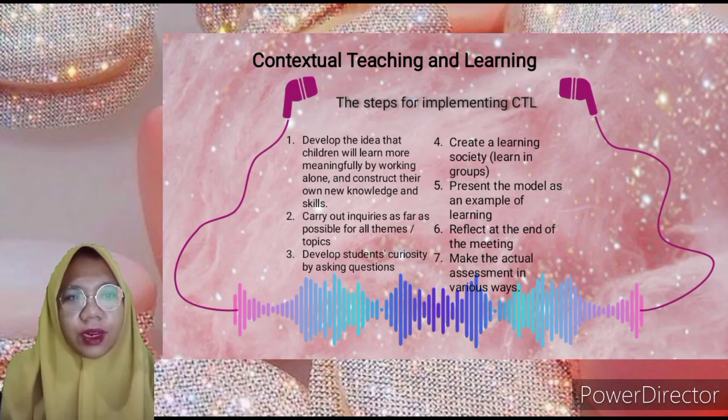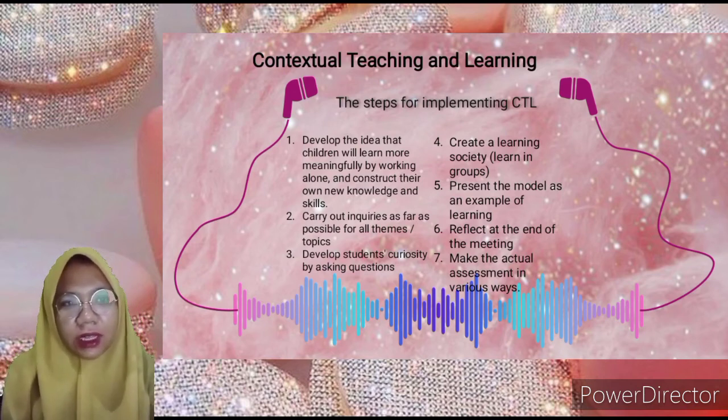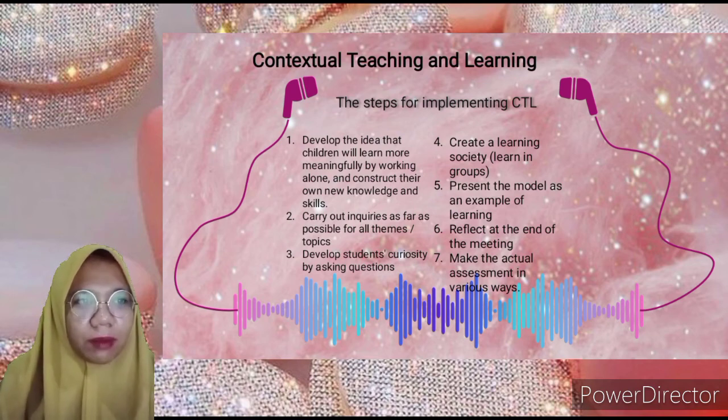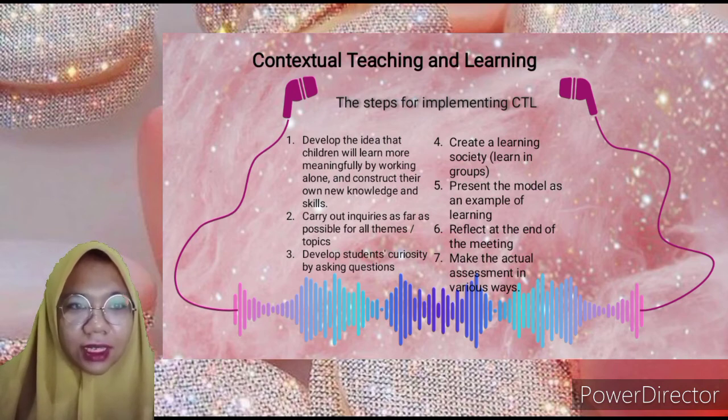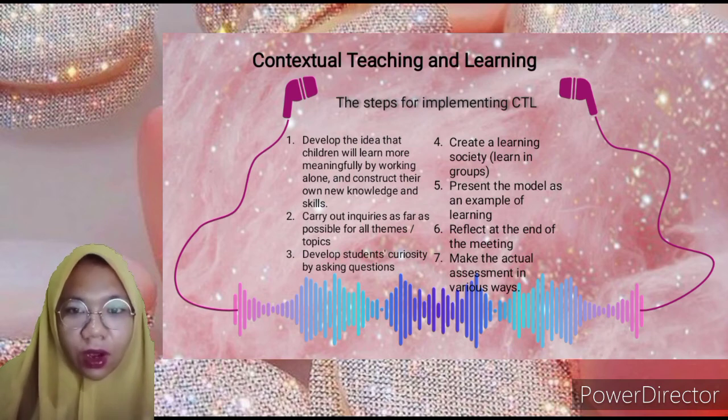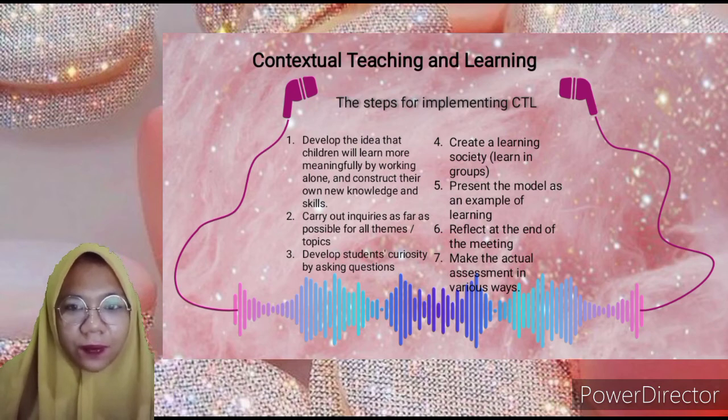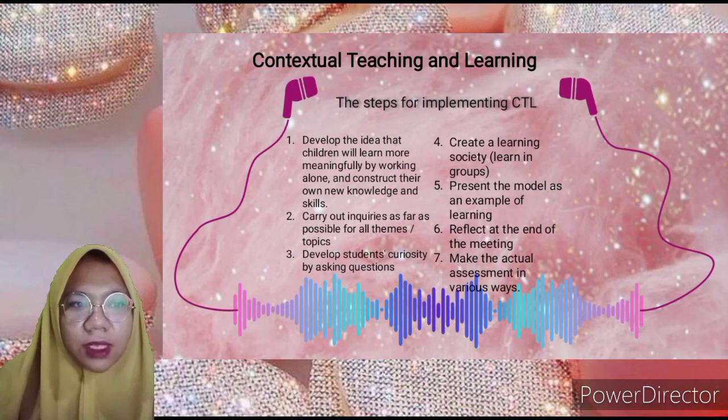The steps for implementing contextual teaching and learning in the classroom so that learning can be carried out are: first, develop the idea that children will learn more meaningfully by working alone and constructing their own new knowledge and skills, and then carry out inquiry as far as possible for all themes or topics, and then develop student curiosity by asking questions.